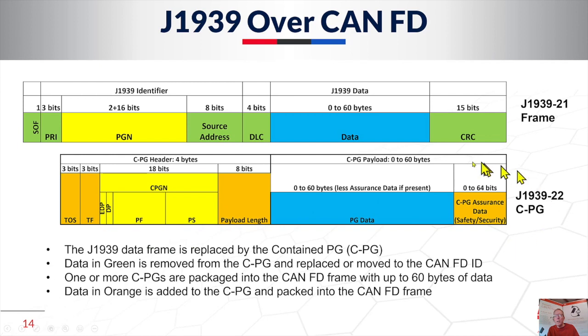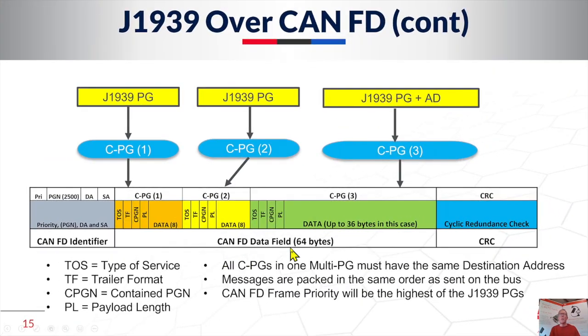We've added additional protection, safety, security, and functional safety protection out here, and used this larger payload of up to 60 bytes in a bit of a different way, packing additional classic CAN frames in them. So we're basically using J1939 FD just as a transport protocol.